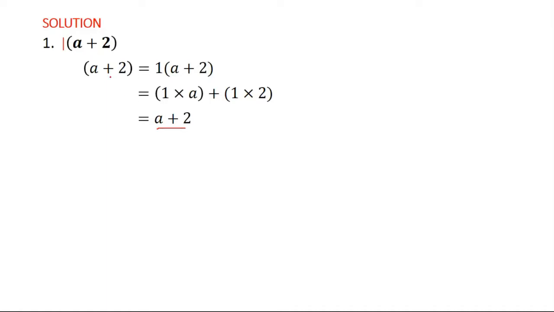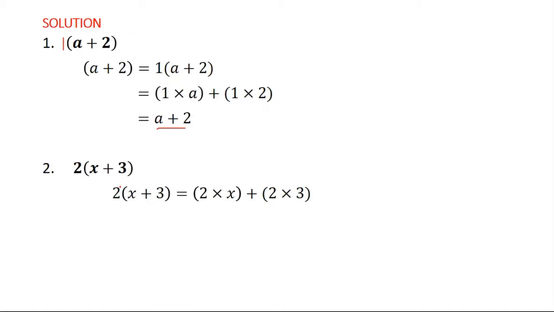Now let's move a step further. This time we have 2 outside the bracket and what is in the bracket is x plus 3. So we have 2, then bracket open, x plus 3. We will do it the same as we did for the first instance. You will distribute what is outside the bracket over what is inside the bracket.